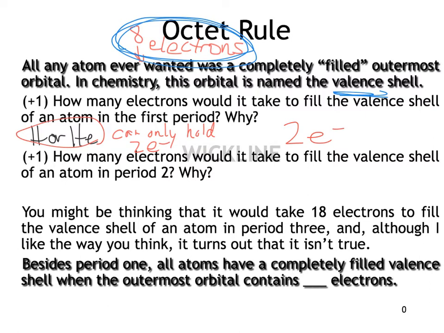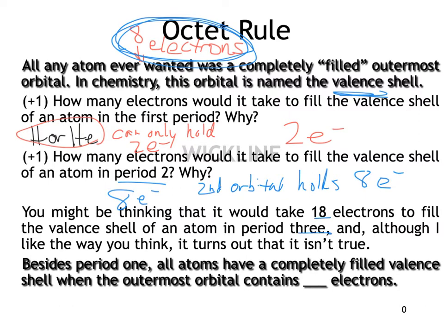How many electrons would it take to fill the valence shell of an atom in period 2? In that case, the answer is going to be 8 electrons, because if you're in period 2, then you have 2 orbitals, and the second orbital can hold 8 electrons. You might be thinking that it would take 18 electrons to fill the valence shell of an atom in period 3.